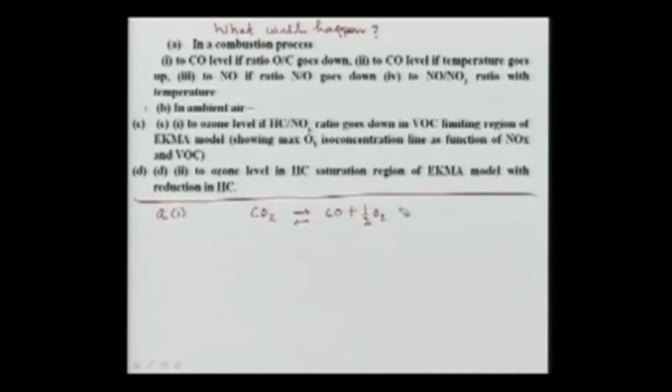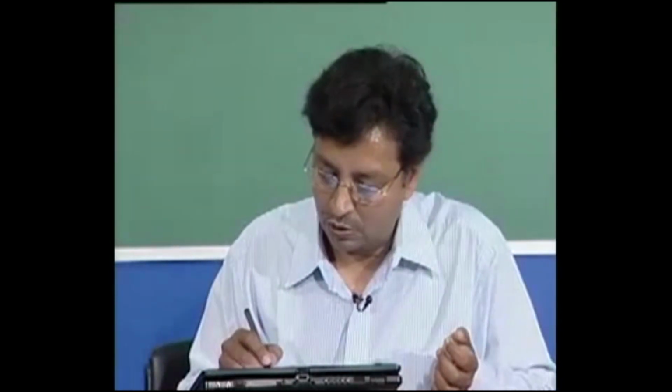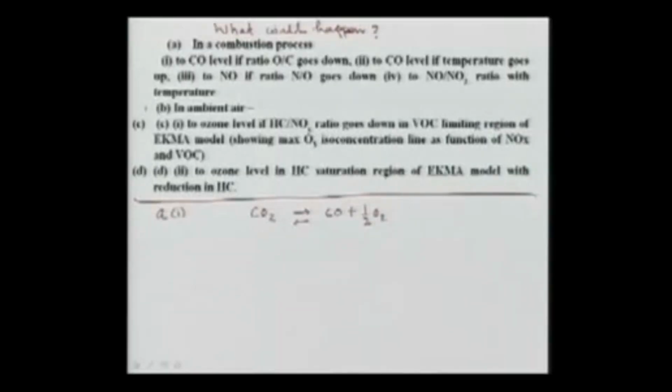So what will happen since it's a reversible reaction? Of course we had developed the mathematics, but we can also apply common sense. If the oxygen O by C ratio is going down, it means my oxygen content is becoming less and less.